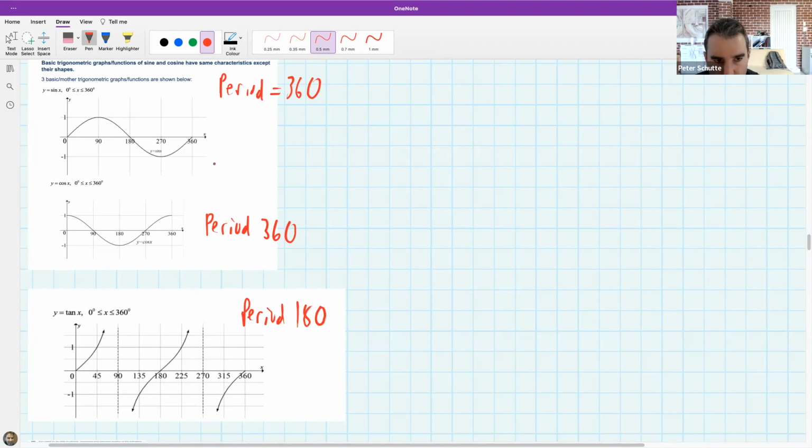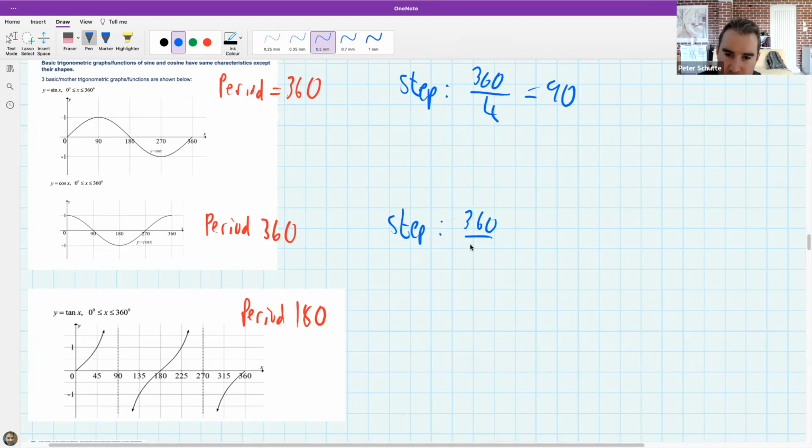Now, when we draw graphs, we also tend to divide them up into what's called the step size. When I'm drawing a sine graph, the step size is just going to be whatever the period is divided by 4. So in this case, it would be 90. For the cos graph, the step size would also be 90. For the tan graph, the step size is going to be 90 because it's only divided up into 2 equal halves.